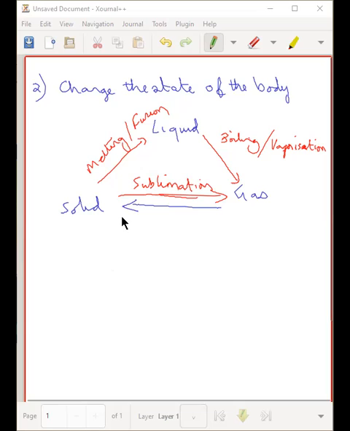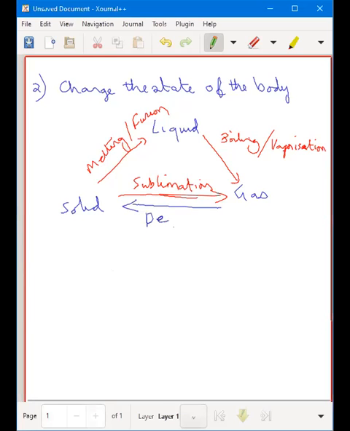Hello, am I audible? Yes, you're audible now, Sia. Sia, gas to solid, what is the process called? What is the process of conversion of a gas into a solid called? Deposition. Correct. Sarah Vastani, what is the answer? Can you repeat it? Yes, sir. It's deposition.